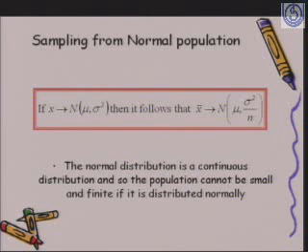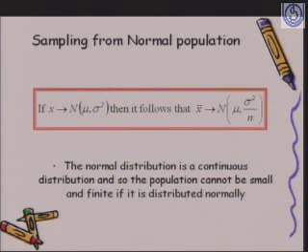Now let us take an example of sampling from a normal population. A normal population, you all know, is the basis of all the statistical inference that we do. So if x is a random variable following a normal distribution with mean mu and variance sigma square, then it follows that x bar has a normal distribution with mean mu and variance sigma square divided by n.